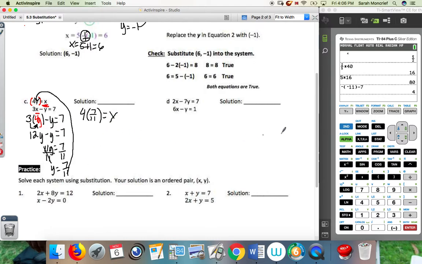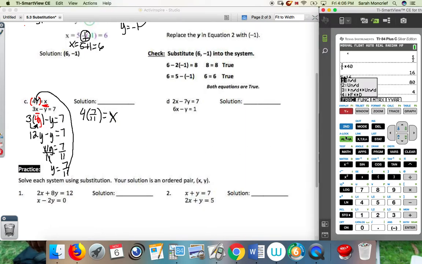And we can just plug this in our calculator and figure that out. Let's do 4 times alpha y equal 1 and 7 over 11. And what do we get?